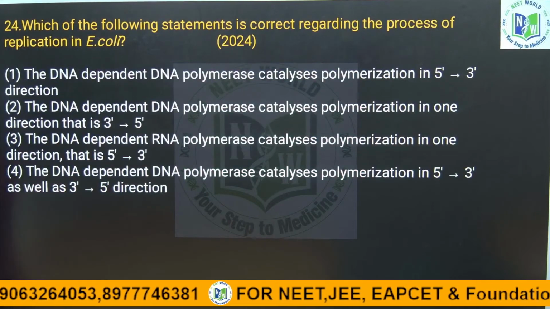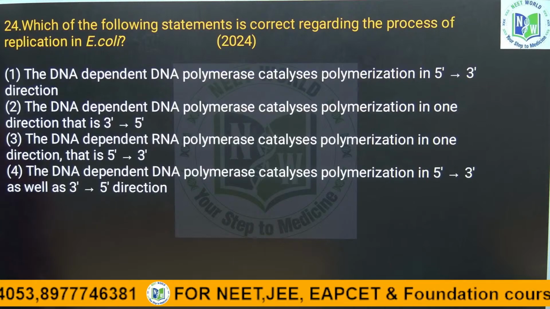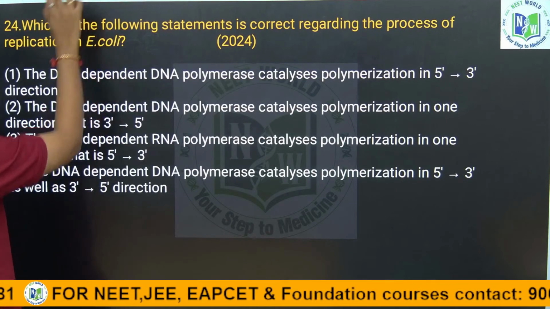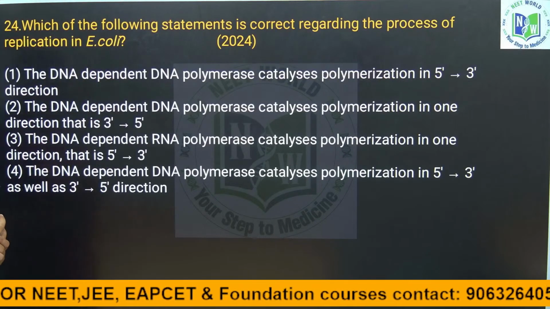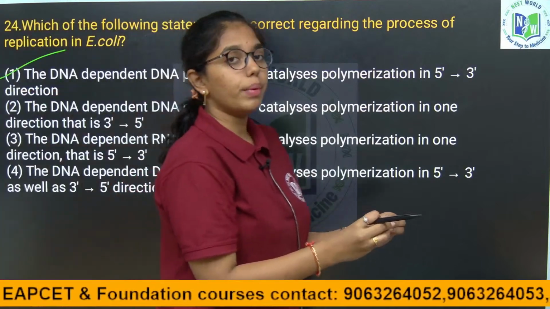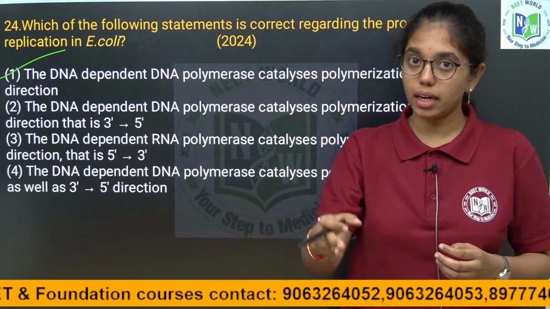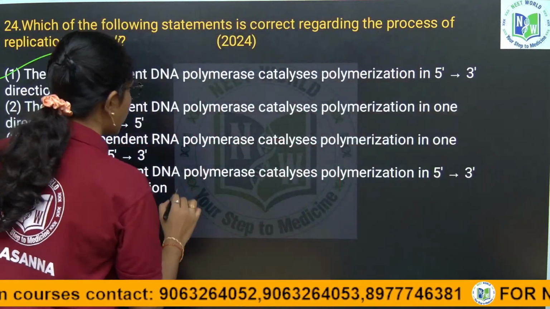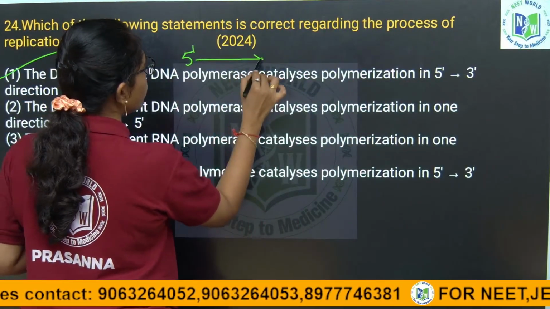Next, which of the following statements is correct regarding the process of replication in E. coli? The DNA dependent DNA polymerase works in 5' to 3' direction, true. Always remember, whether it is DNA synthesis or RNA synthesis, it takes place from 5' to 3'.